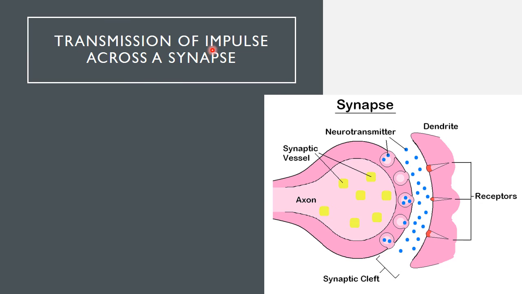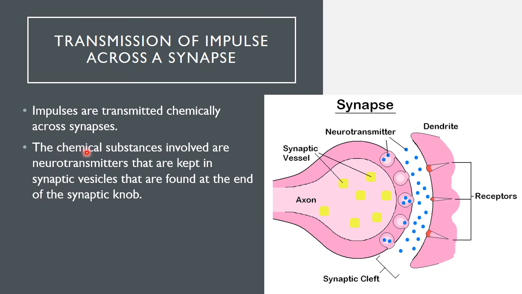Transmission of impulse across a synapse. Impulses are transmitted chemically across synapses.